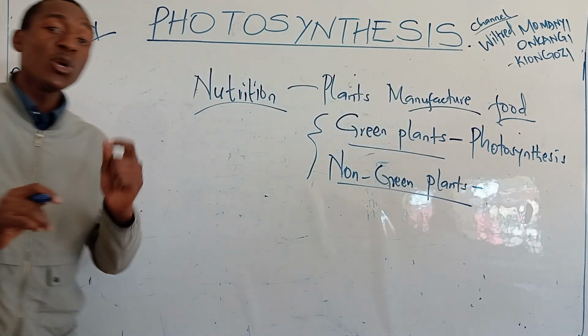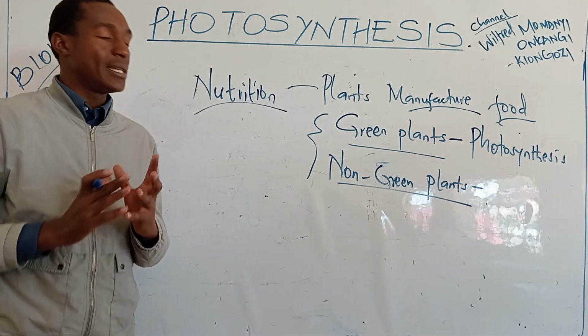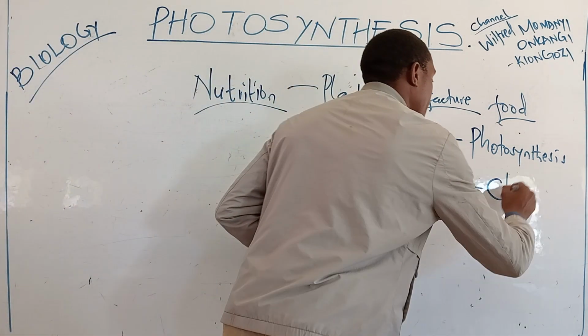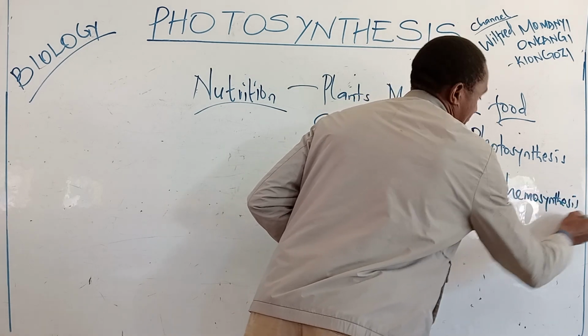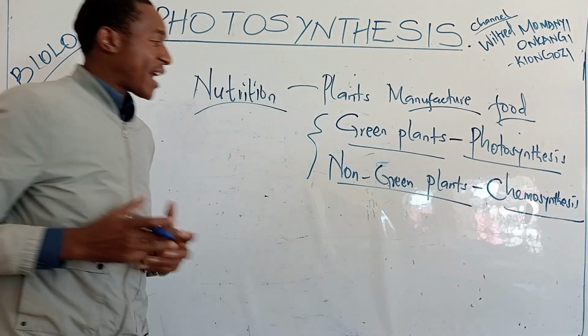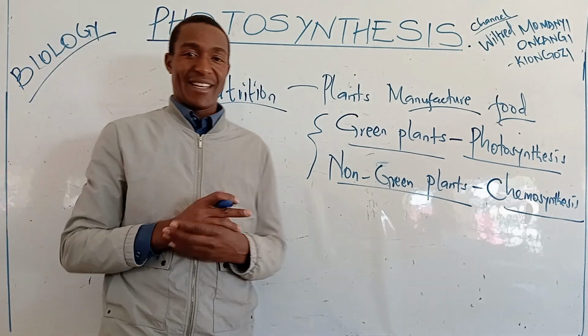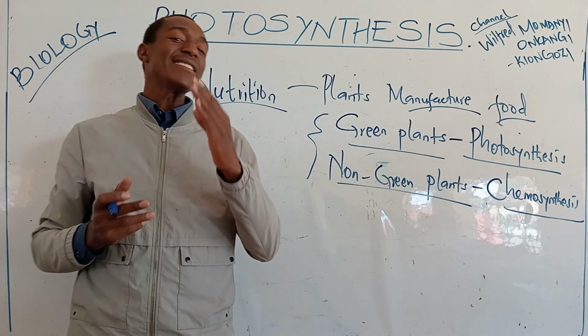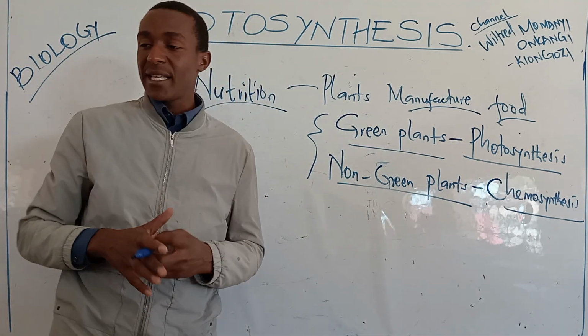Non-green plants will also manufacture their own food, but the process is not photosynthesis. It is chemosynthesis. So we are interested in photosynthesis. And as usual, have somewhere to write, concentrate, and do your best in this lesson.